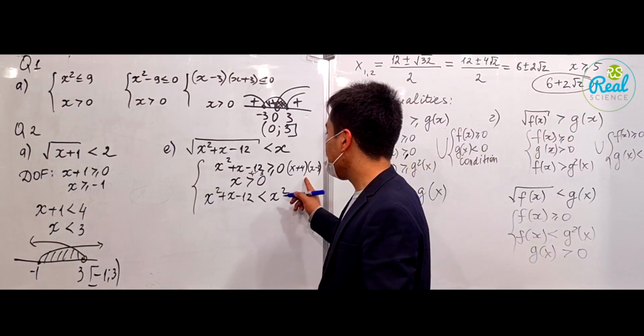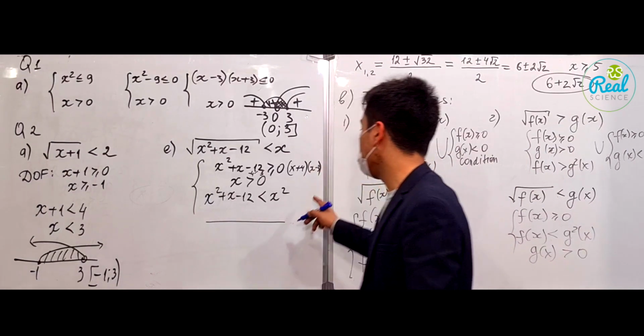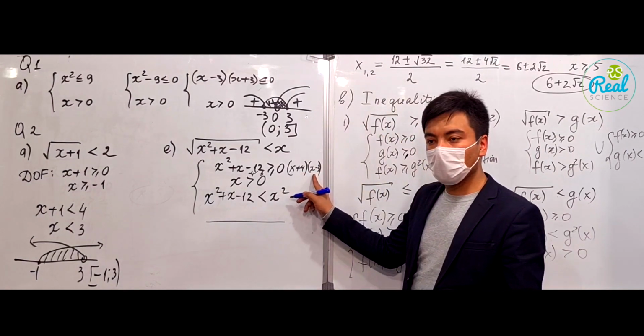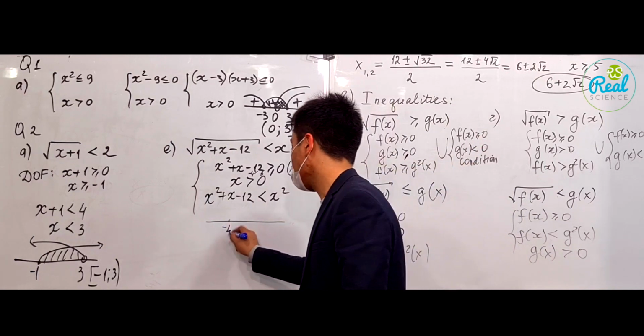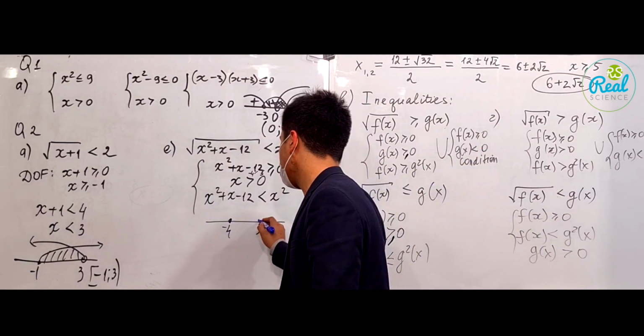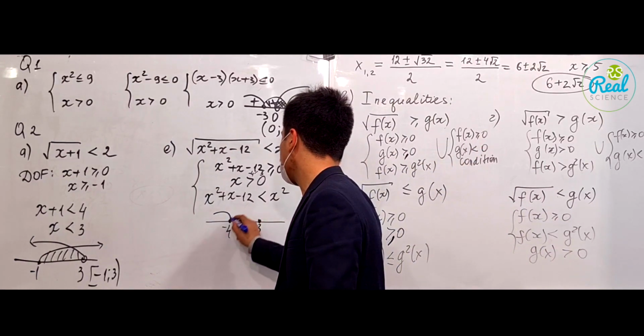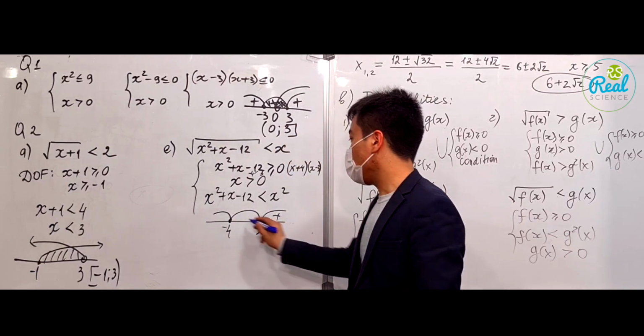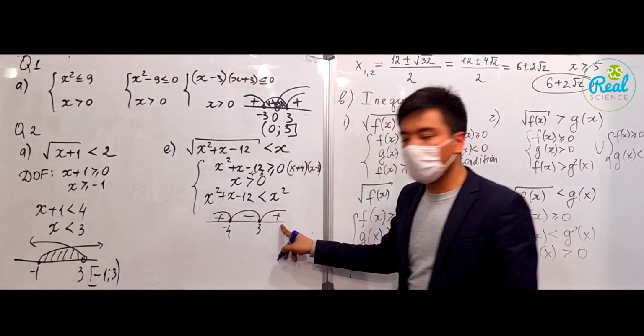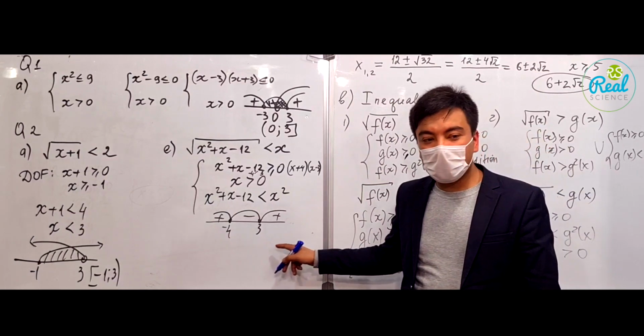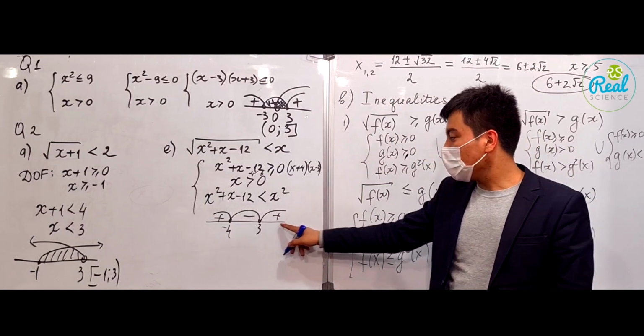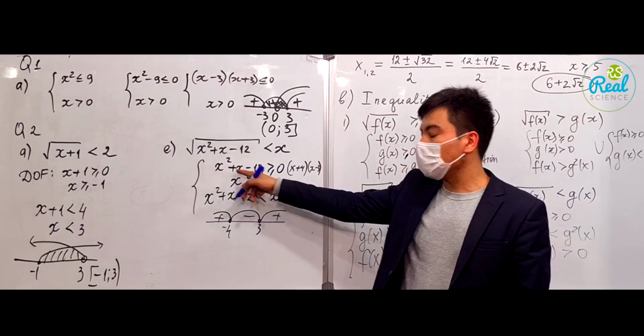So now students will draw again a number line for minus 4 and 3, yeah? Positive, negative, positive. We are finding these signs by putting some numbers, yeah? From here just 4 we are putting instead of x.